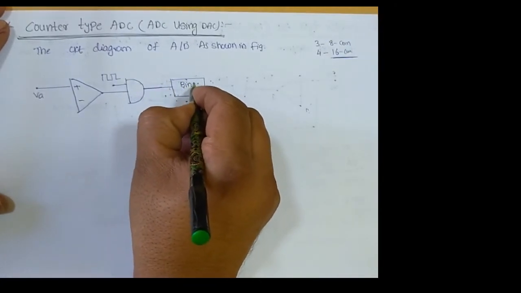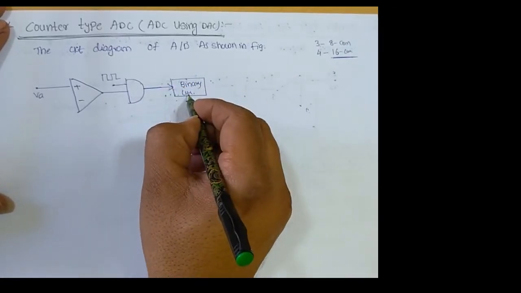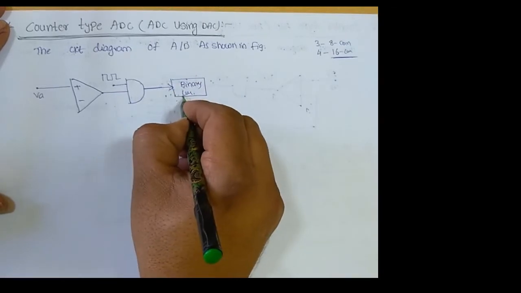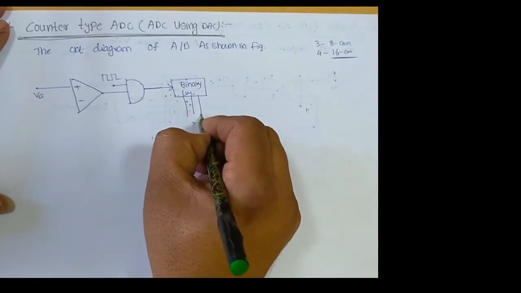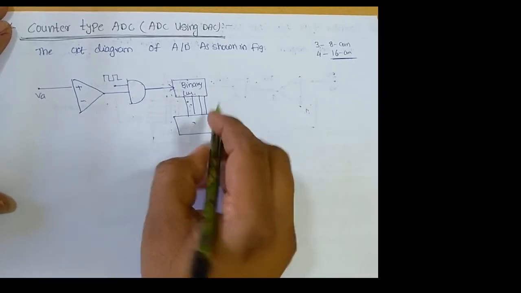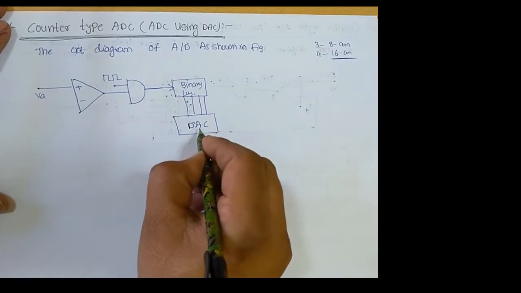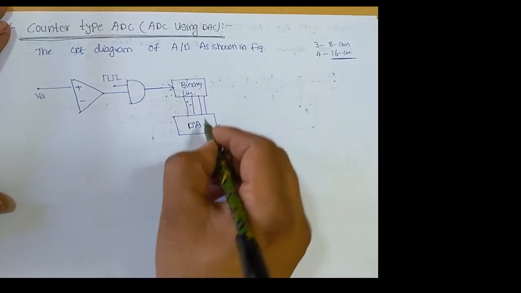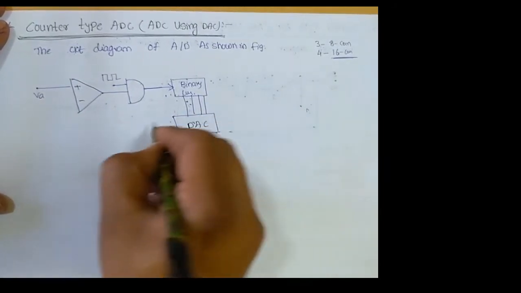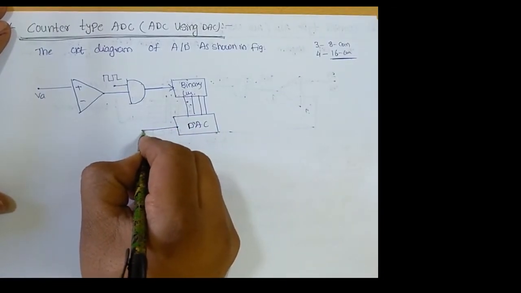Here we are using a binary counter, and this binary counter counts the clock pulses. It provides the binary output, and these output signals are given to the input of the digital to analog converter. This digital to analog converter converts the given digital bits into an analog signal output.